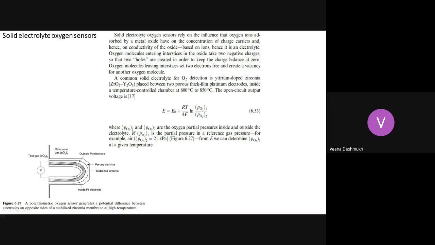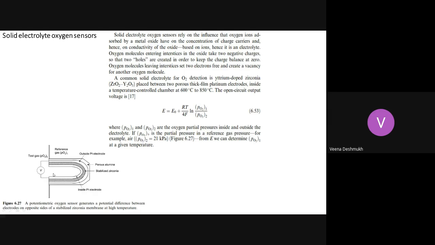Depending upon the concentration of oxygen in the oxide, how much oxygen is present, plus which type of chemicals it is coming in contact with, the reaction is either faster or slower. This changes the conductivity of that particular metal oxide layer.